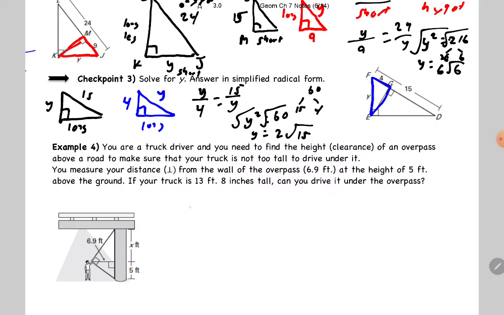So let's start off with the big triangle. I have a long side, short side, hypotenuse. So this is the big triangle here. This is x plus 5. This is the long side, which we don't know, and then the short side, we don't know.